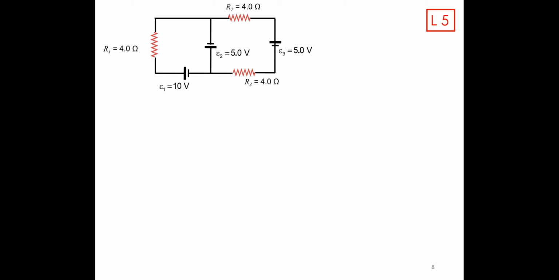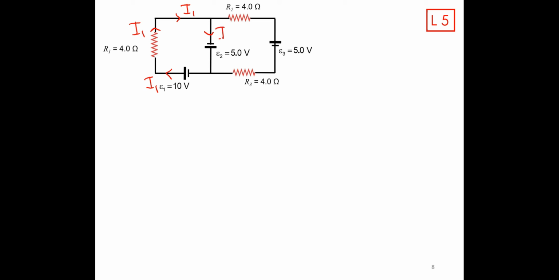Let's discuss this equation, how to solve the current. We need to draw the direction of current, I1, that occurs on wire 1. I need to follow my previous diagram.